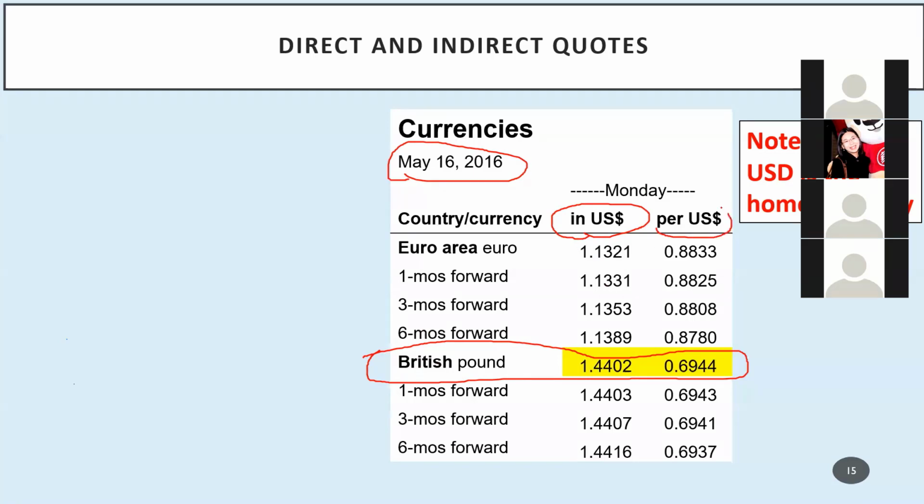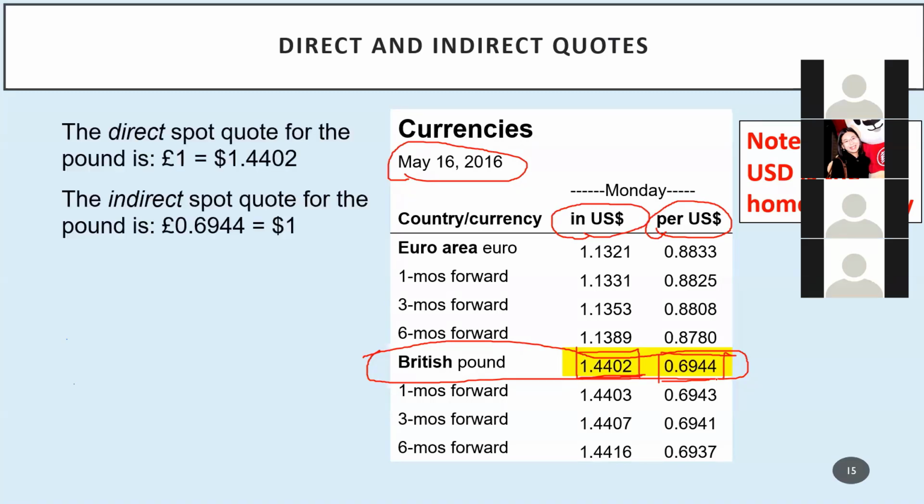And the second column tells us the number of pounds that is equivalent to each USD, yeah? Does that make sense? So the first number tells me the value of the pounds in USD, and the second number tells me the value of the USD in terms of the pounds, right?